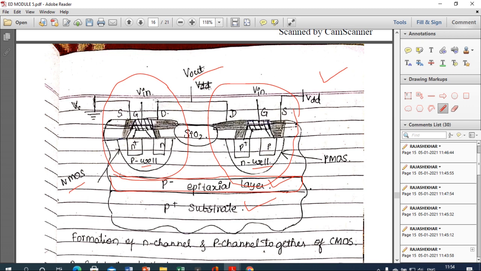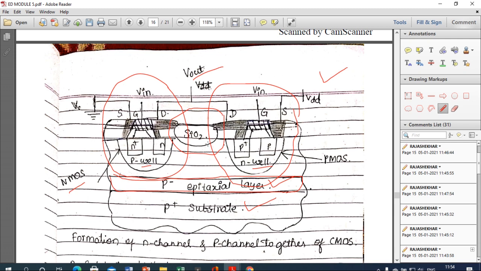The gates of the two terminals, this is the gate of NMOS and this is the gate of PMOS, are connected for V in, and the source of NMOS is connected to the ground, and the source of PMOS is connected to the supply voltage VDD, where this SiO2 is used just to separate PMOS and NMOS, otherwise they may get damaged.